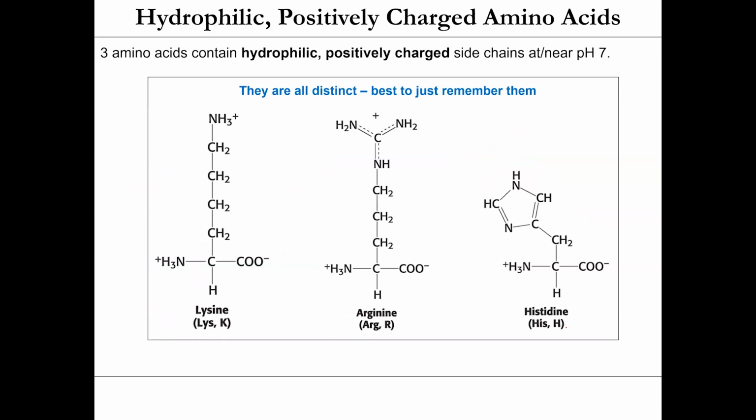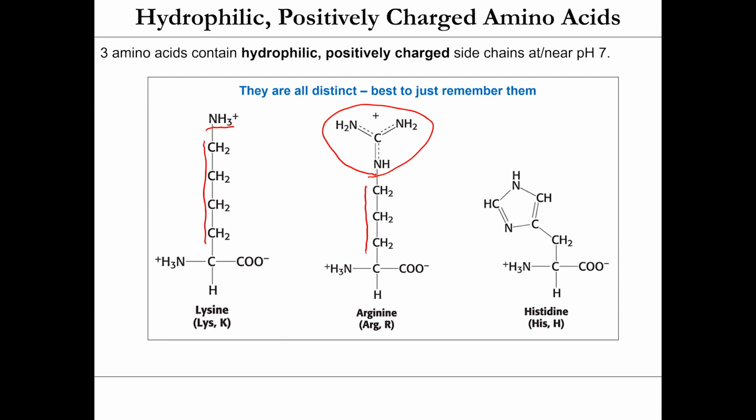So those are the 3 hydrophilic positively charged amino acids. There are lysine, arginine, and histidine, and they're all pretty unique, so it's best to just remember them. Lysine has this amino group at the end of an aliphatic chain. Arginine has a guanidino group at the end of an aliphatic chain.